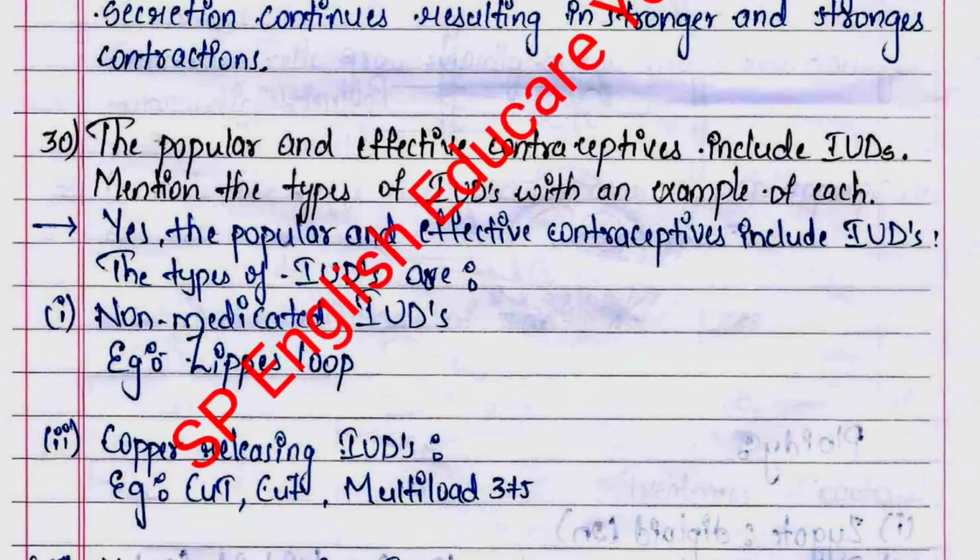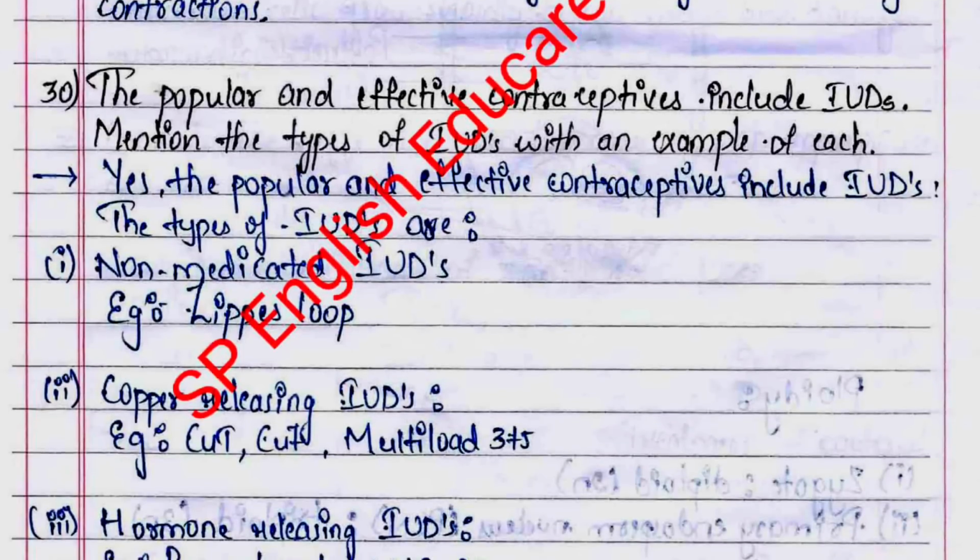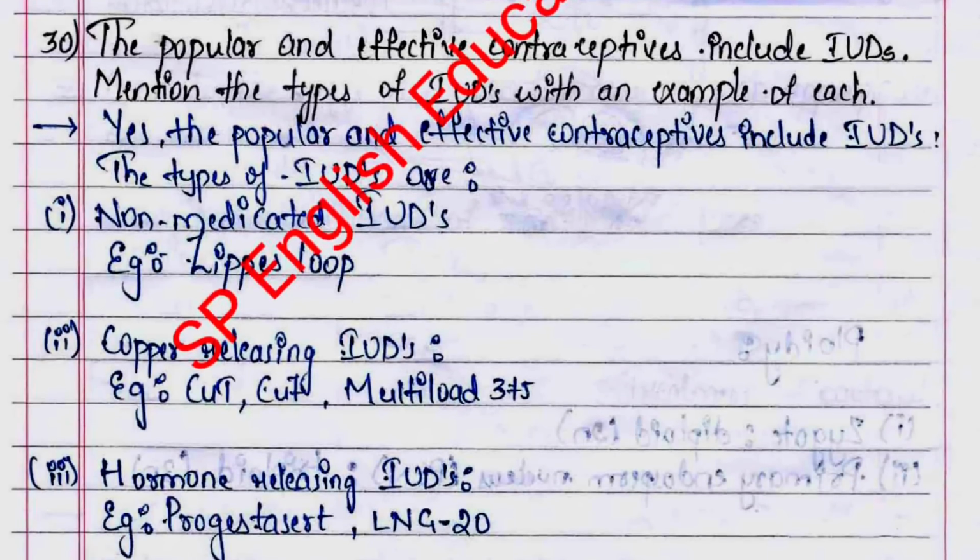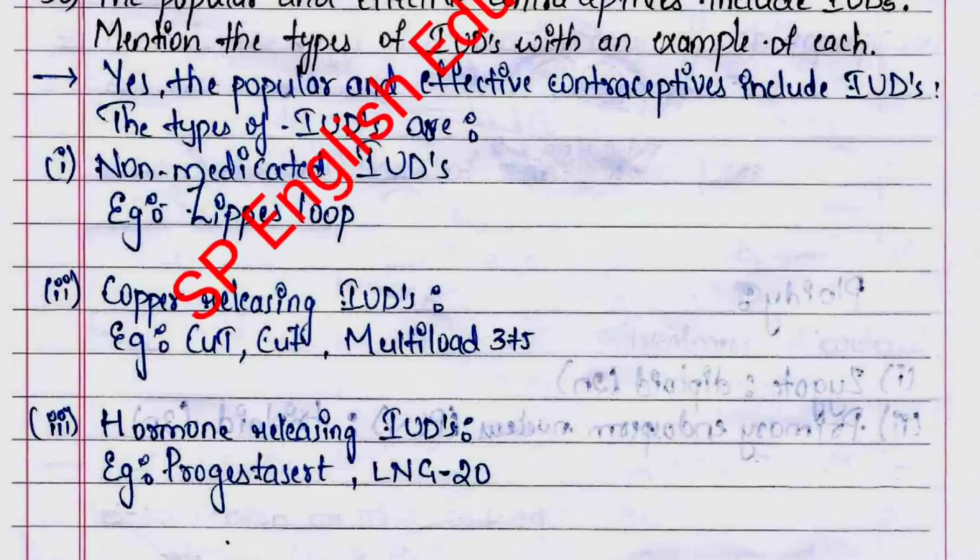The popular and effective contraceptives include IUDs. Mention the types of IUDs with an example of each. Below is the answer.